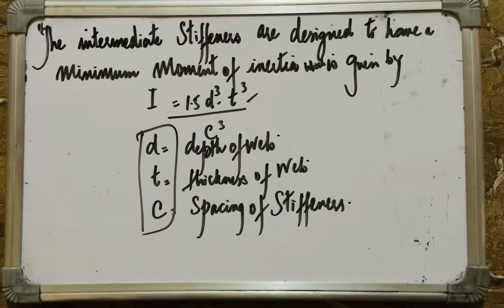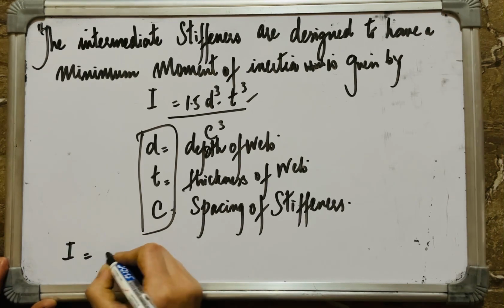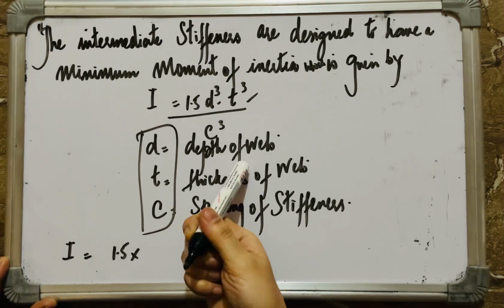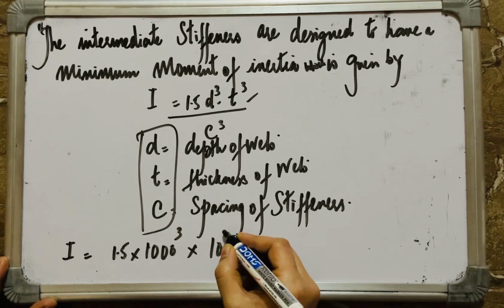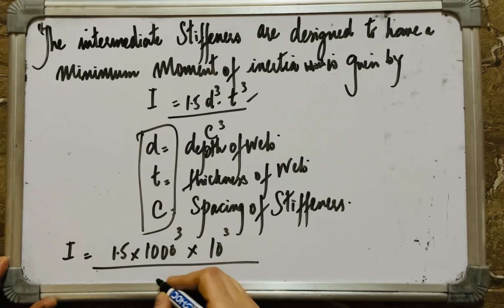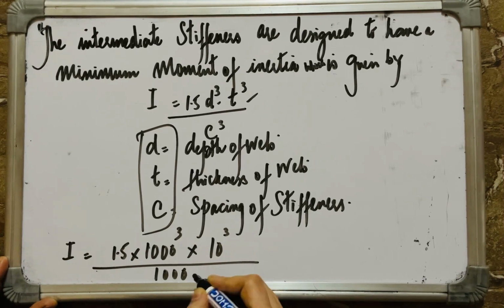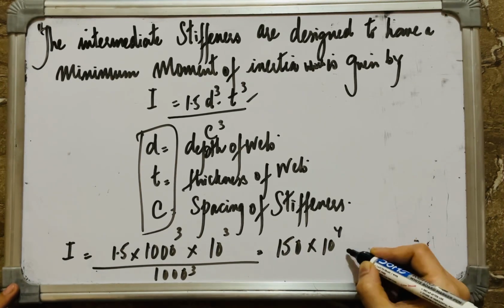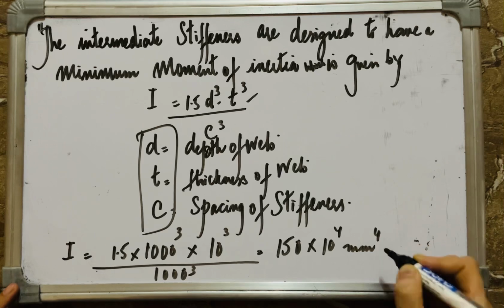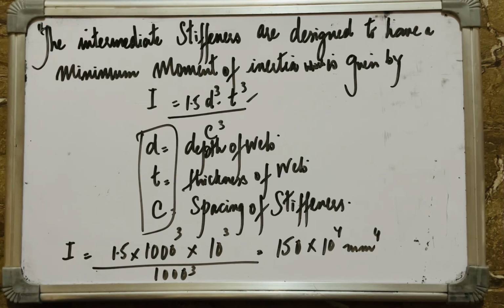Let me substitute the values. 1.5, depth of web 1000, thickness of web 10, spacing between the stiffeners we just adopted 1000. So by calculation, this is equal to 150 into 10 raised to power 4. Unit will be mm raised to power 4 because this is moment of inertia.